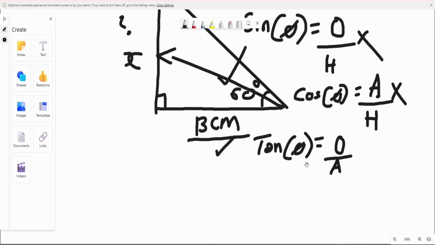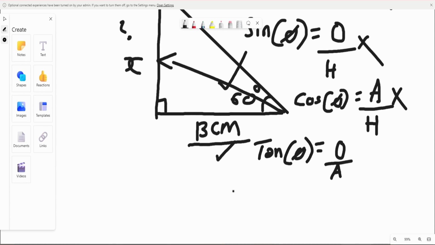So let us start. We have tan of 60 equals, now the opposite is x, which we do not know, divided by the adjacent, which we do know, which is 13.